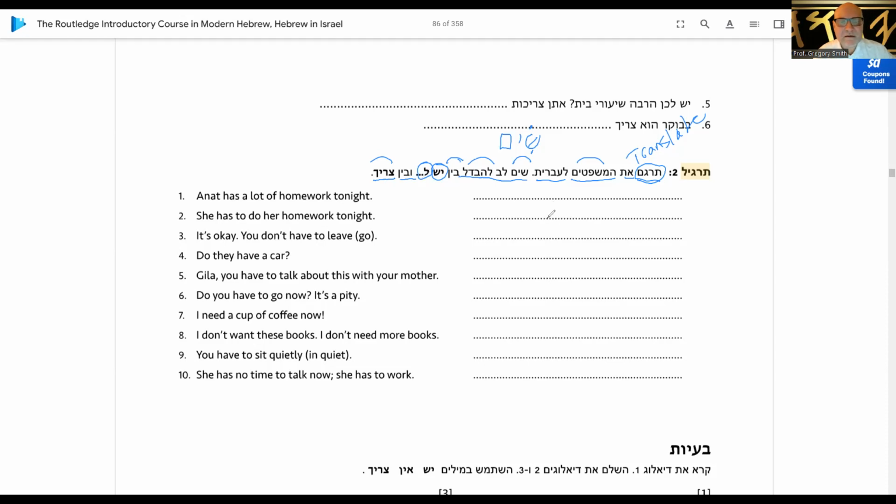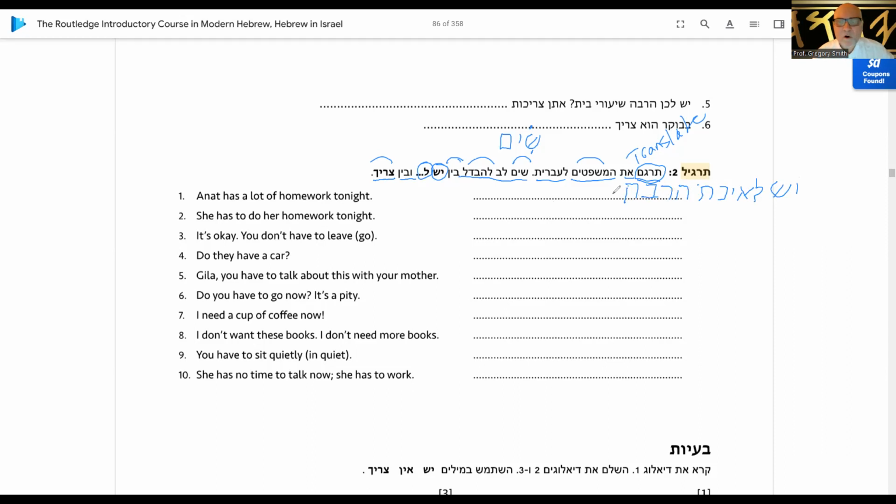Okay, so let's try that and see what we can come up with. So we're going to start with there is, and then if we say to inat, we'll use lamed. There is to inat, le'anat, harbe. That's a lot, right? Okay, harbe.